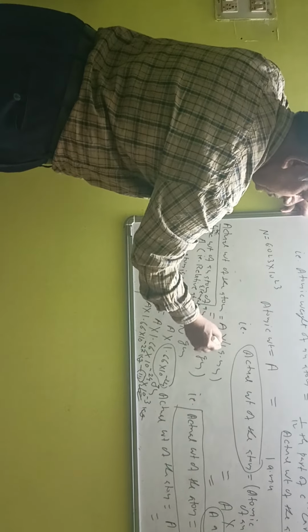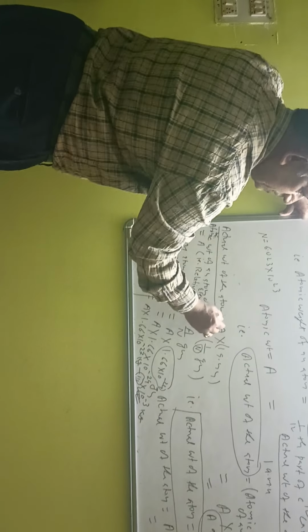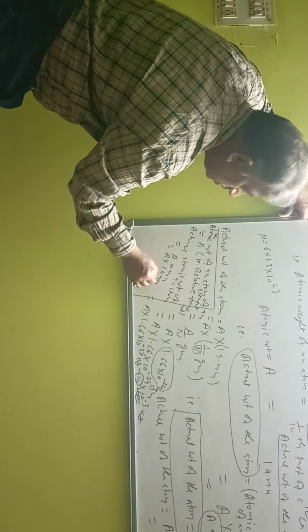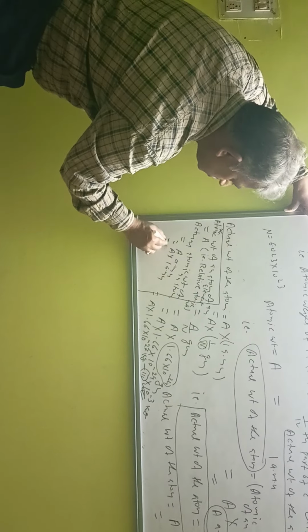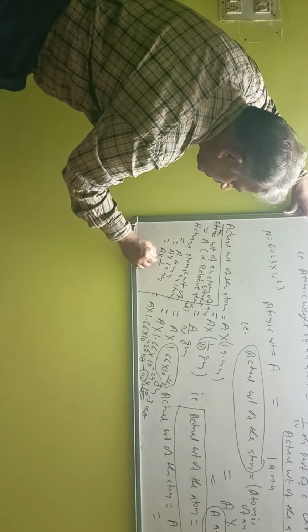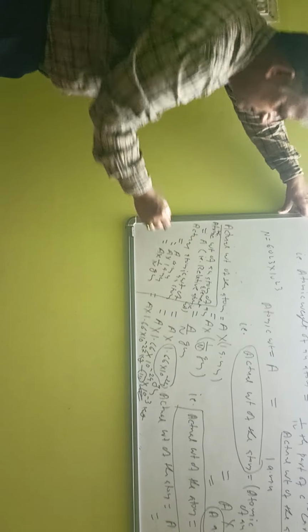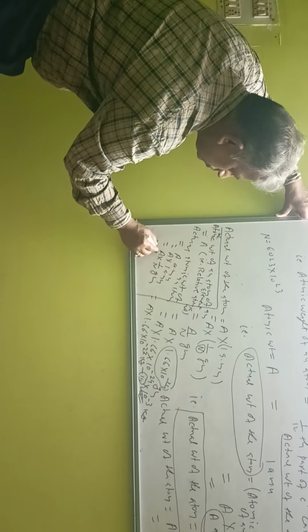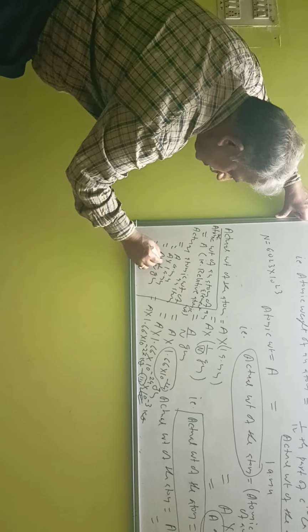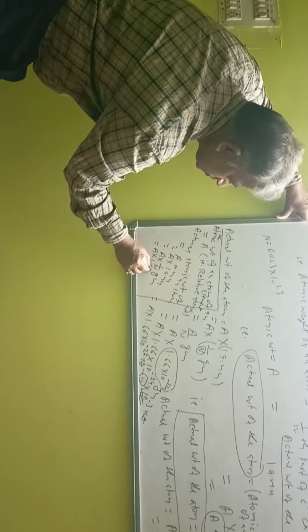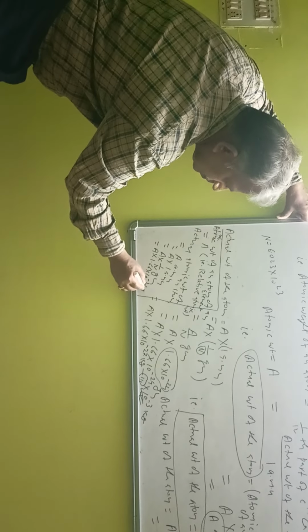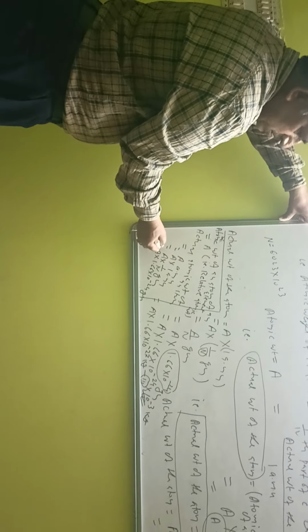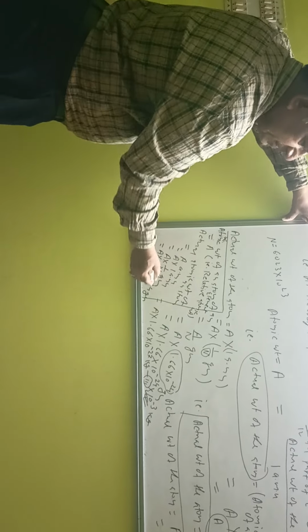Here it is A into 1 AMU, and 1 AMU equals 1 by n gram. So A into 1 by n gram, and this is A into 1 by n, equal to 1.66 into 10 to the power minus 24 gram also. Simply multiply this number by the relative weight and you will get the actual weight in grams.